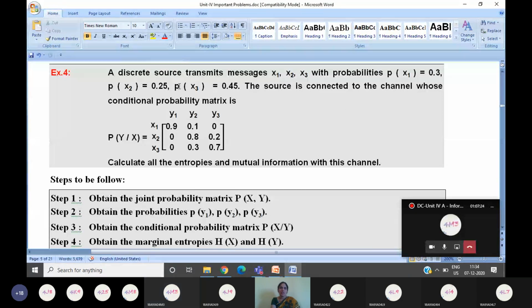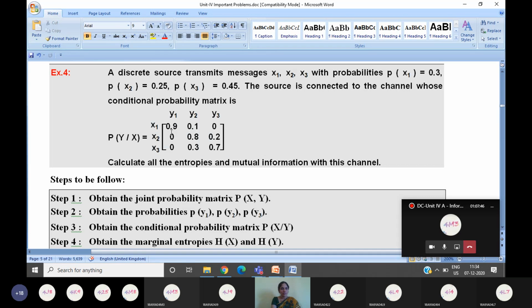The source is connected to the channel whose conditional probability matrix is P of y by x. So what have they given you here? The conditional probability matrix, that is P of y by x, which is of size 3 by 3.